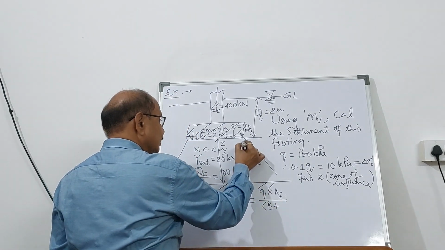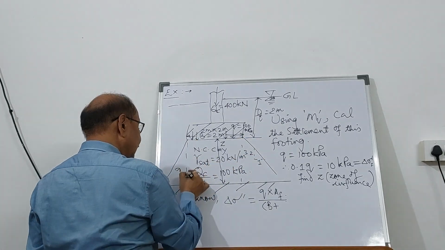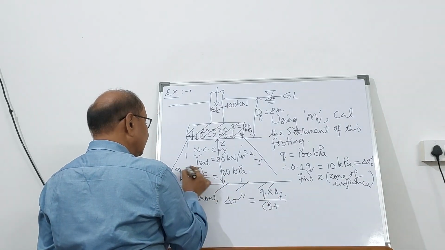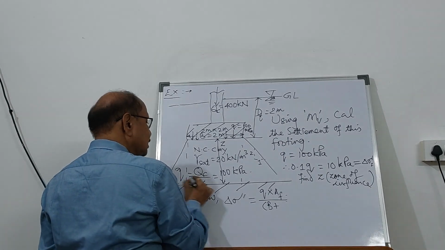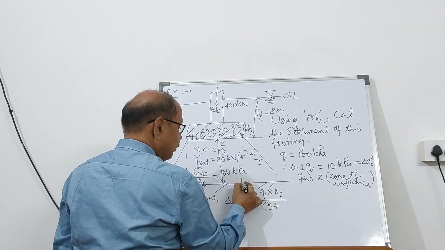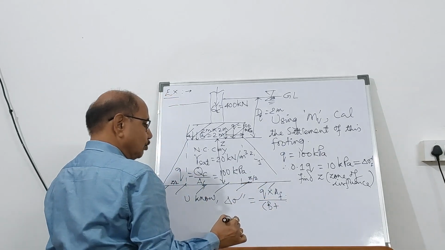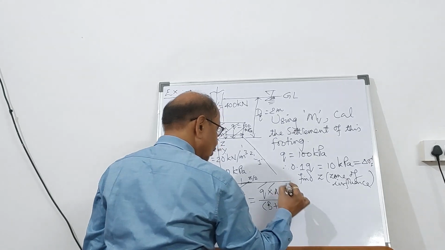At this depth, there is going to be the width of the footing, if this is the zone of influence, and 2 vertical, 1 horizontal. This will be Z by 2 this side, and this is also going to be Z by 2. So B plus Z whole square.